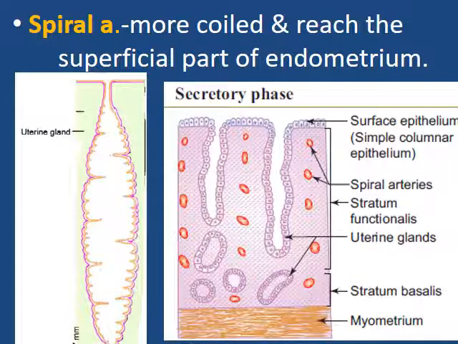The spiral arteries now become very coiled and reach up to the superficial part of the endometrium. You can see the spiral arteries reach up to the superficial layer of the surface epithelium in the secretory phase. The uterine glands are very long and their number is more.